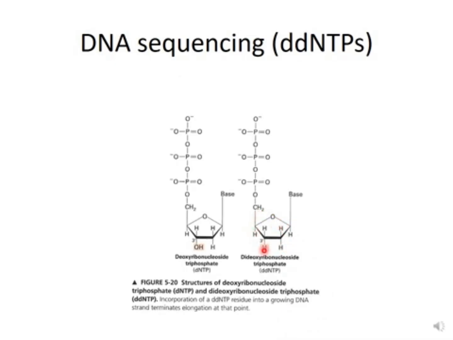So if the oxygen is missing, that means we cannot add any more bases to the sequence. This would shorten the length of the DNA sequence that we have if it incorporates ddNTP instead of a dNTP.